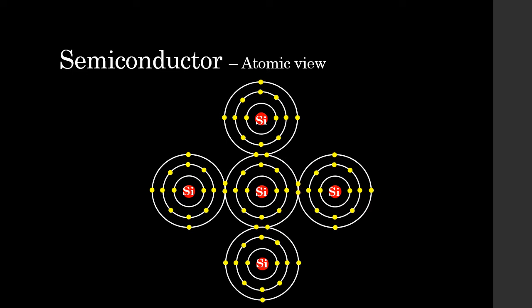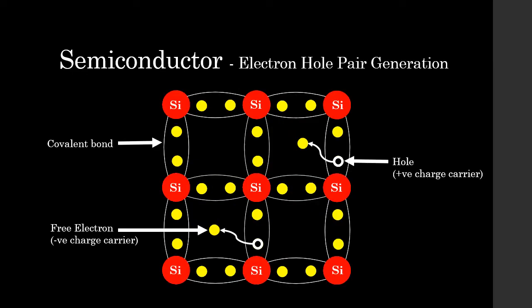Right. Now, something very interesting takes place within the semiconductor crystal lattice when it is at room temperature or slightly above room temperature. Because you see, at this temperature, some energy can be imparted into a valence electron.